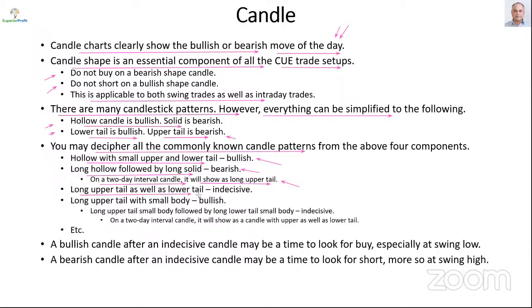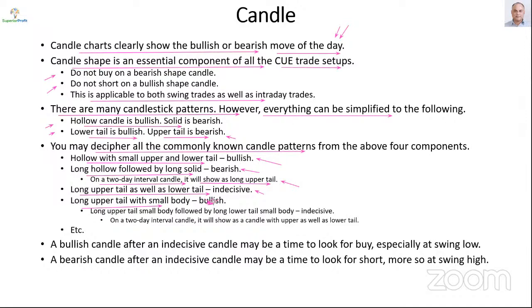Long upper tail as well as lower tail, that is indecisive, because long upper tail is bearish, long lower tail is bullish, so together they become indecisive. Long upper tail with small body, that should be bearish. This is a typing error.